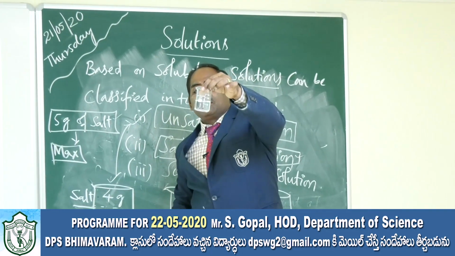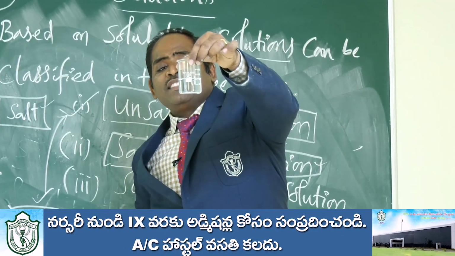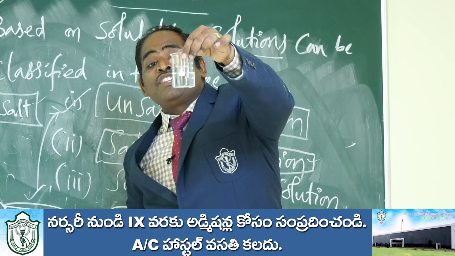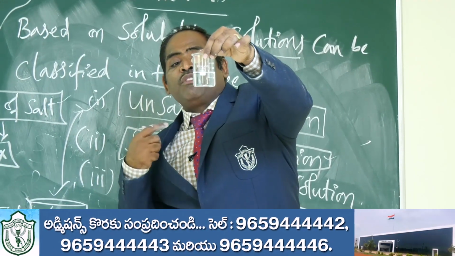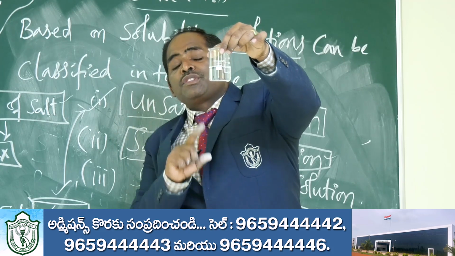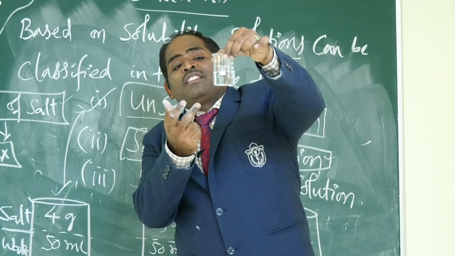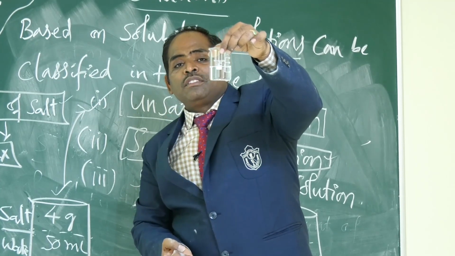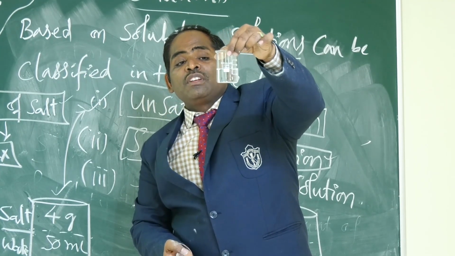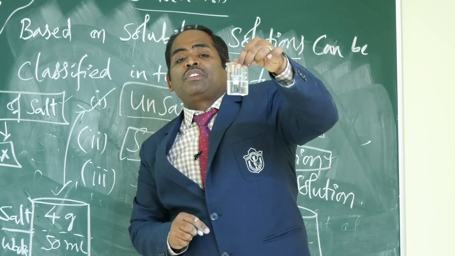It is not dissolved. You can see the undissolved salt. Why is that salt not dissolved? Because there is no space between the water molecules. Whatever space was present, all of it is occupied by particles. Where there is no space, the salt has to come down and settle down. So that is called a supersaturated solution.